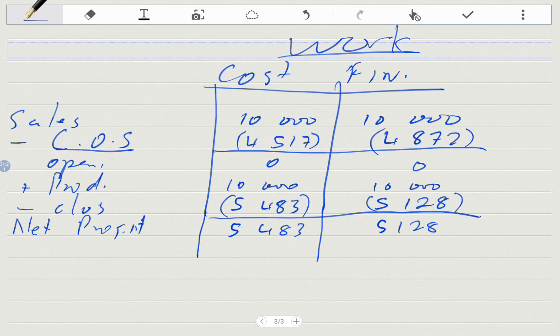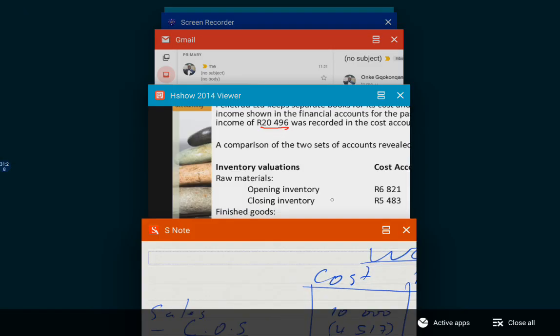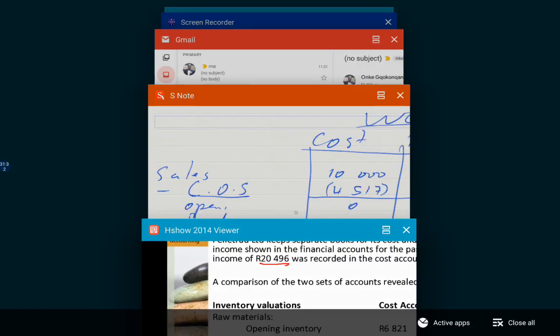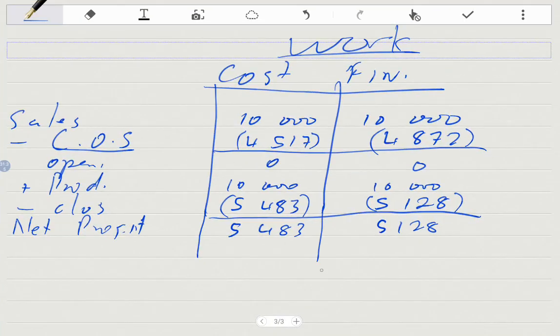Again, your difference is going to be that same figure of 355, right? So the question again that you have, are you going to add, are you going to minus the 355?